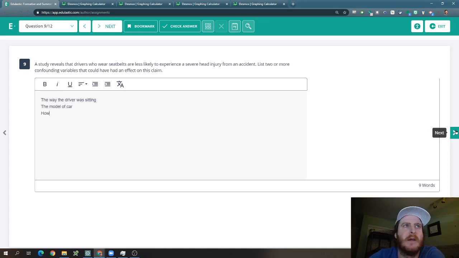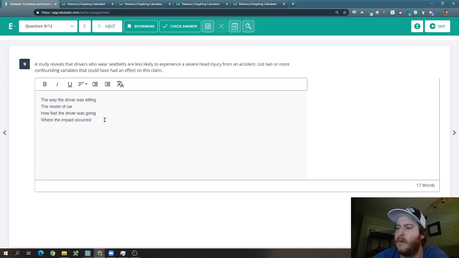Maybe how fast the driver was going when the accident happened. Maybe where the crash, where the impact occurred. So these are all different things that could have affected the accident as well, besides the seatbelt. Now, are seatbelts important? Yes, absolutely. But these all could have been important as well.